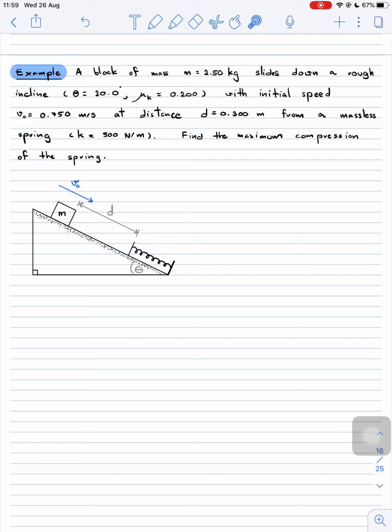So the block will move until at some point it stops. At this position, the spring will have the maximum compression, and the speed of the block equals 0. So in this question, we just want to find the maximum compression of the spring.